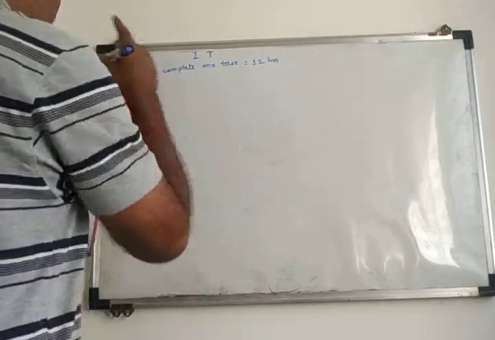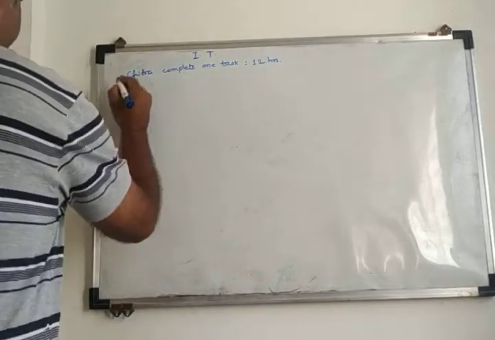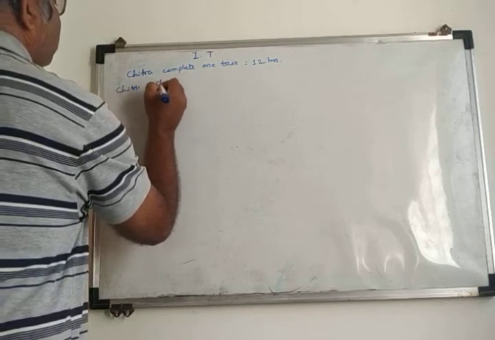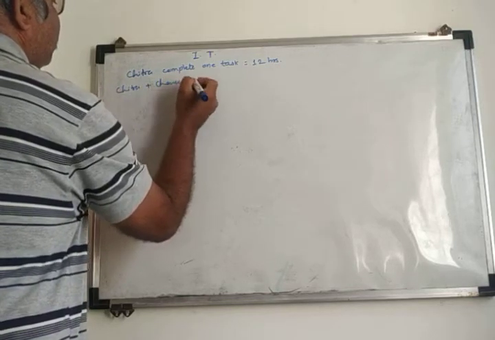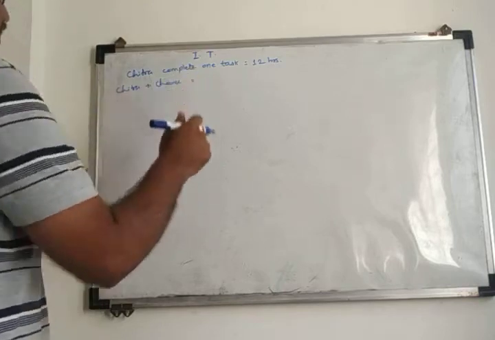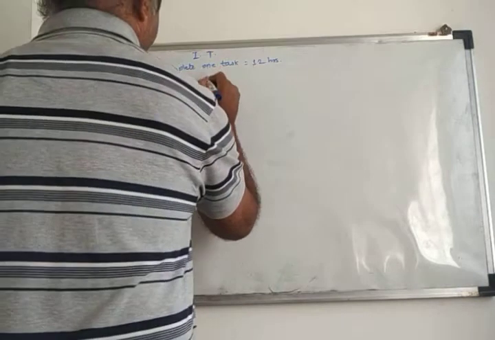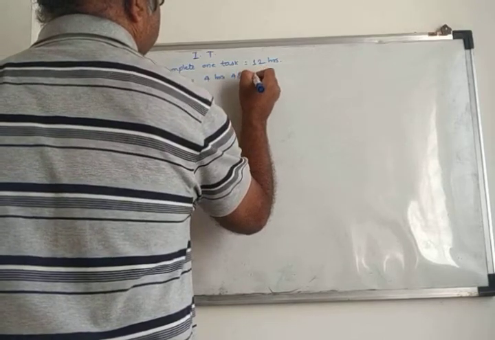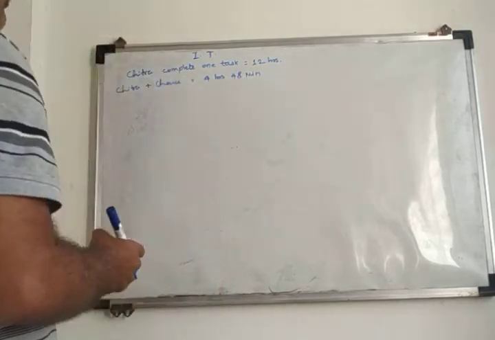And again they have given some complications over here. So Chitra and one more character, Charu. If they both do the same task together, they can complete it in 4 hours and 48 minutes.